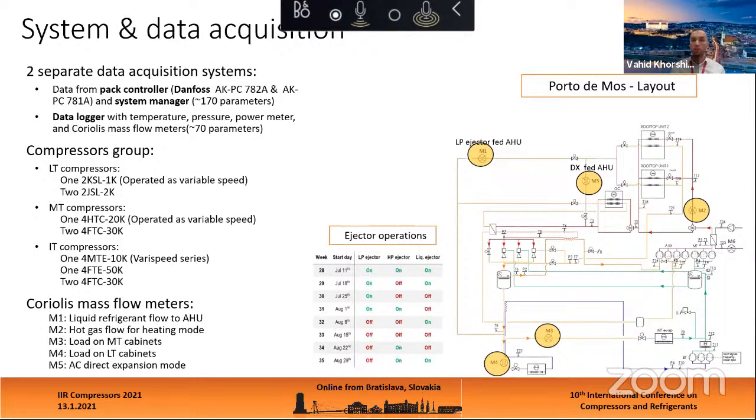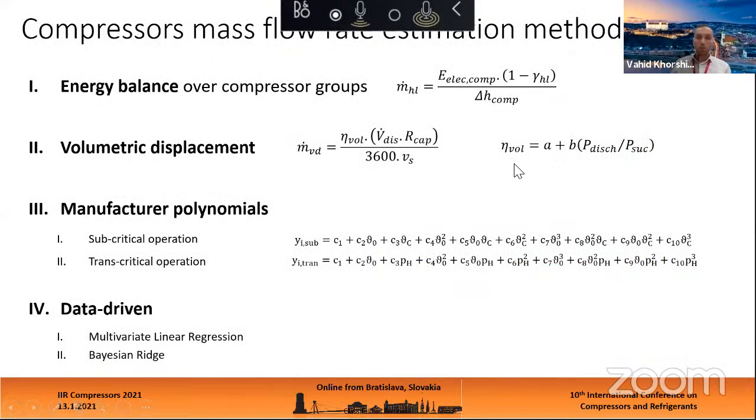As you can see here, we have M3 and M4 that is recording the mass flow through the evaporators. And we have M2 for the heat recovery mode. And we have direct expansion through M5 and M1 when we are getting liquid for air conditioning purpose from the receiver directly.